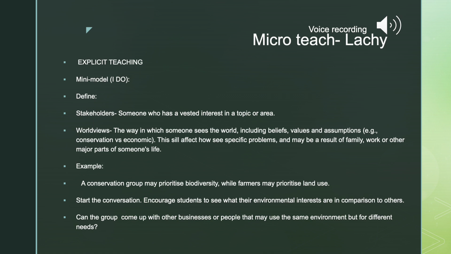So I want to encourage you folks to talk amongst your pairs that you used in your previous groupings, and maybe talk about what are your environmental interests. Okay, are they the same as the person next to you? Are they different? Have a little talk, and we'll see what comes up.